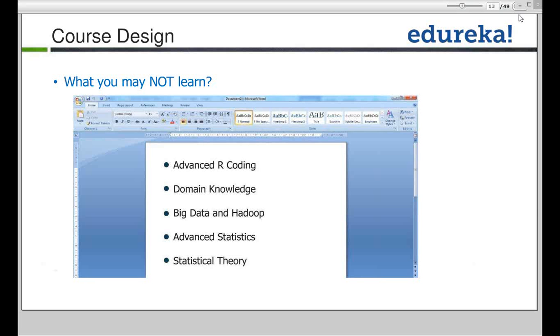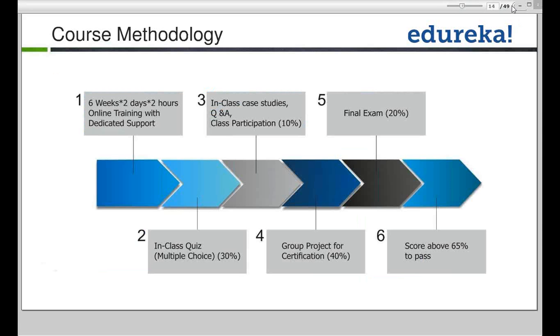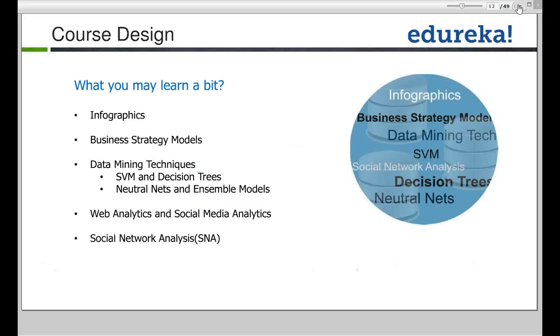We won't go very deep into any particular domain. We will try to talk about the main domains where data analytics is used, but not go in depth into any of these.